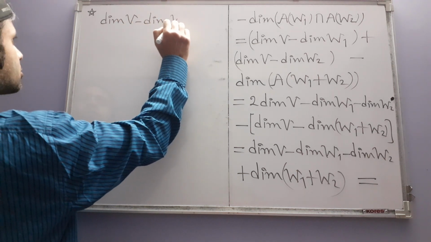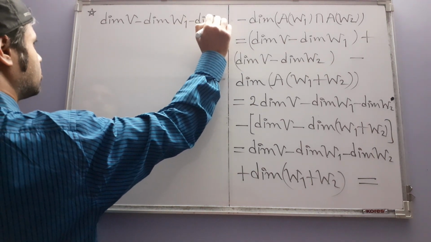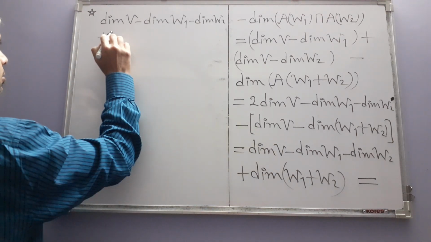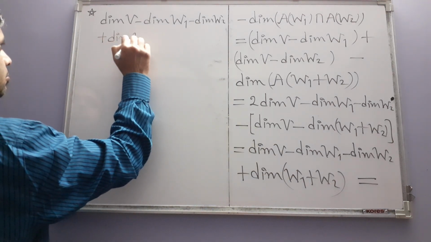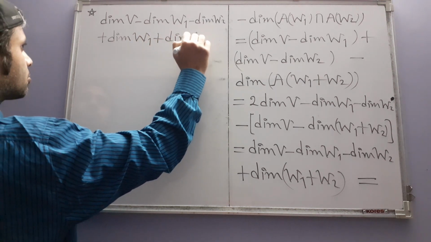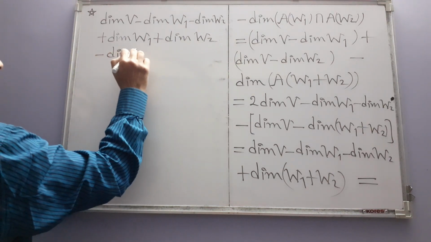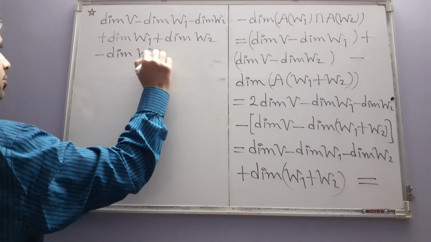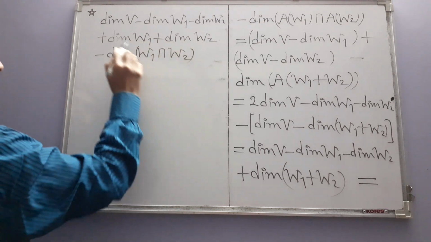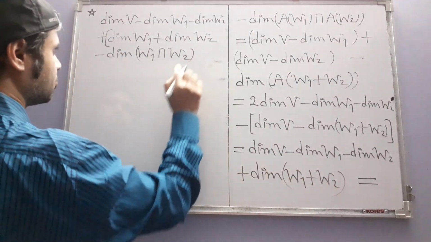Minus dimension of W1 minus dimension of W2 plus dimension of W1 plus dimension of W2 minus dimension of W1 intersection W2, in order to show that these last 3 terms come from this one.